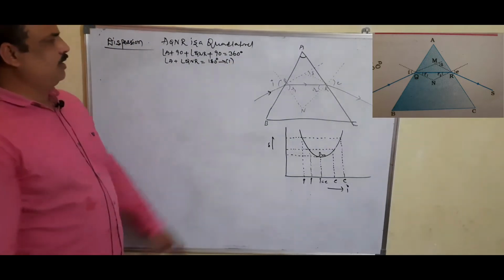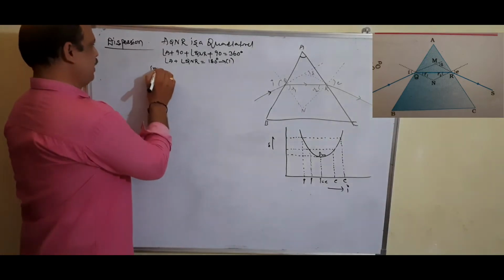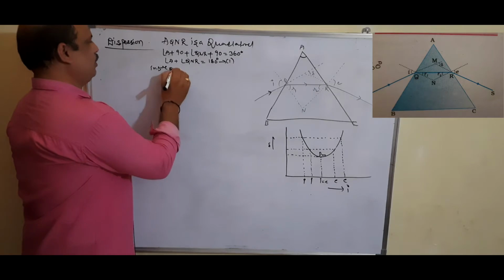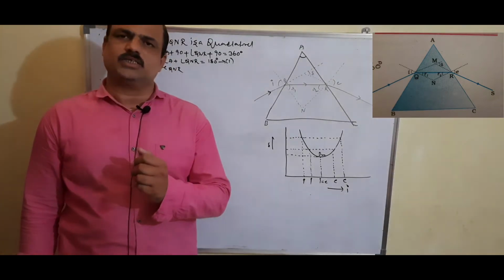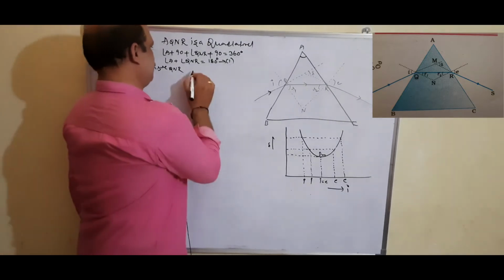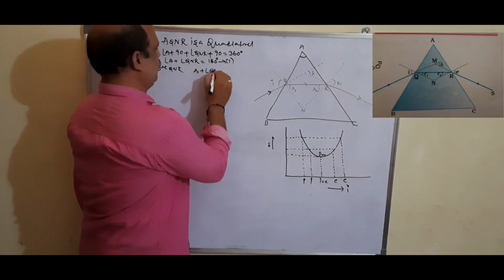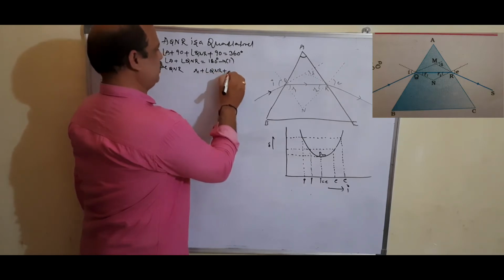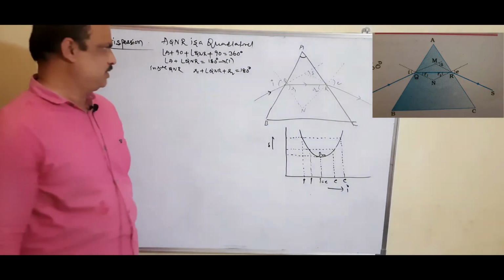Now we take another triangle here, QNR. In triangle QNR, the sum of the angles in a triangle is 180 degrees. So R1 plus angle QNR plus R2 is equal to how much? 180 degrees.